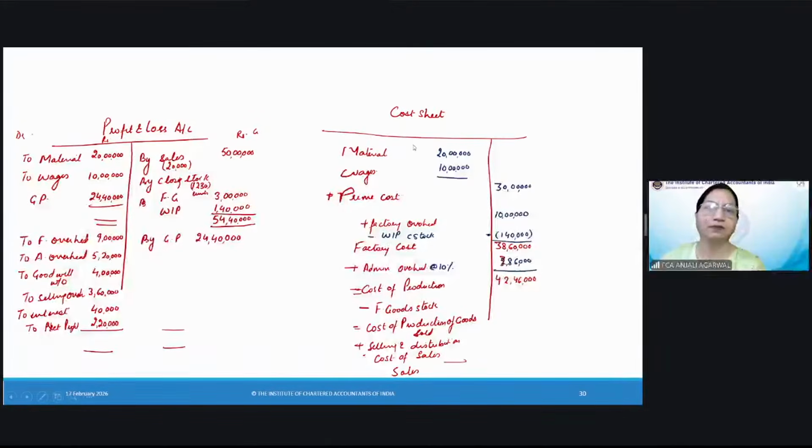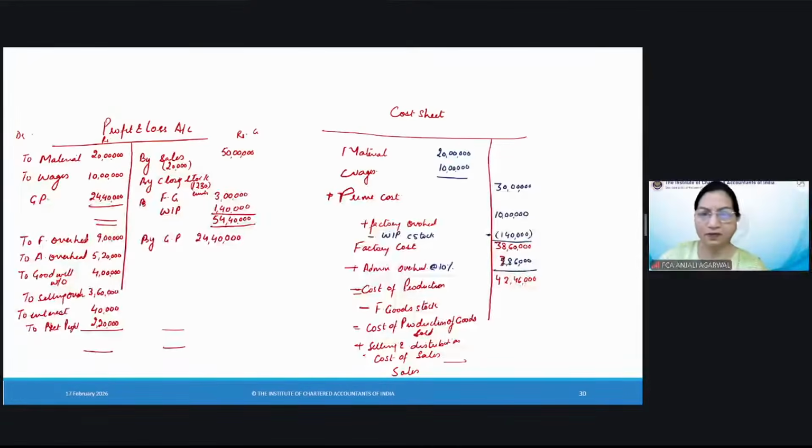So cost of production comes out to be 42 lakh 46,000. This 42 lakh 46,000 is the cost of production of 21,230 units.